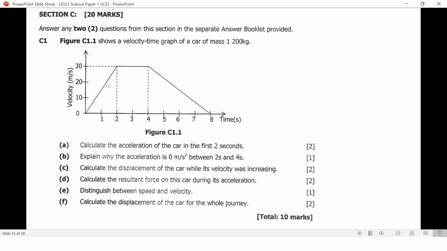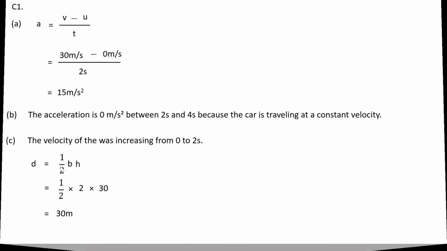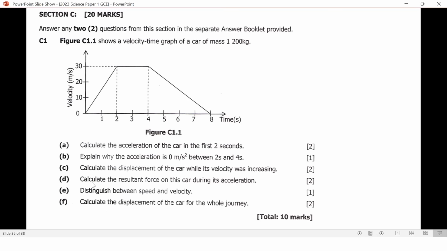So half times base 2 times height 30. The 2 and the half cancel, and you remain with 30 meters as your displacement. Then we go to D. It says, calculate the resultant force on this car during its acceleration.